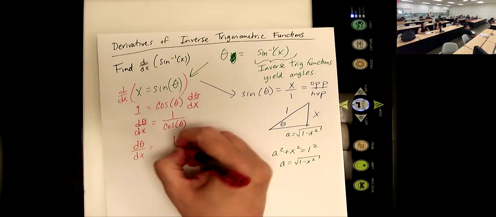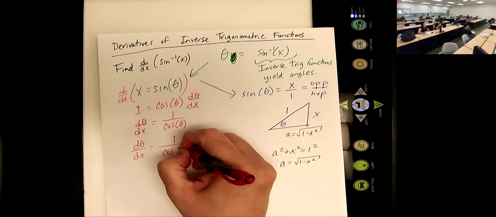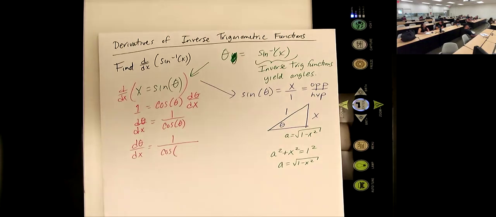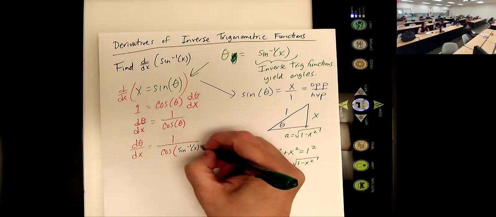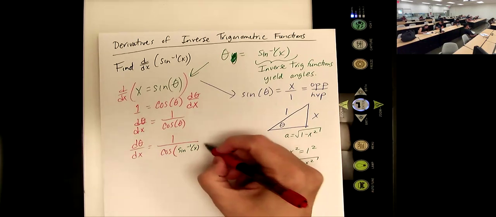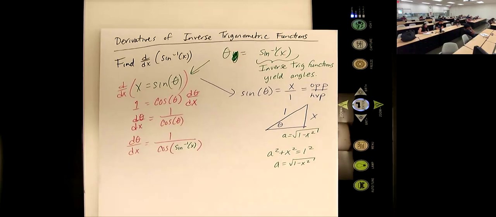Technically, if you want to see it written out, we're putting theta back in as sine inverse. You'll see that done in books, but it's not really necessary with the picture. If we've got the picture, what's cosine theta?